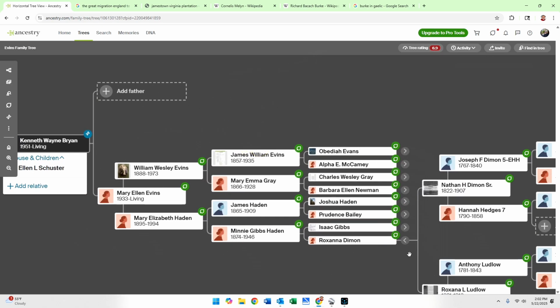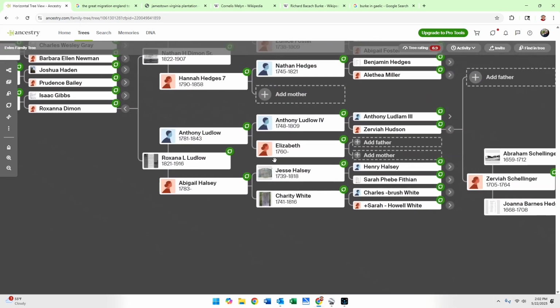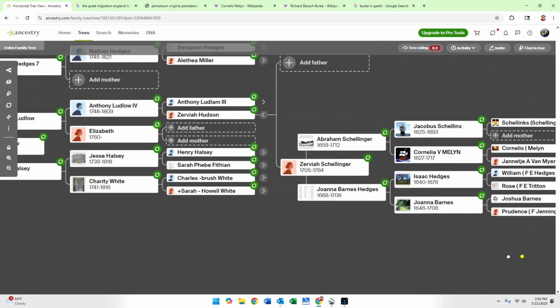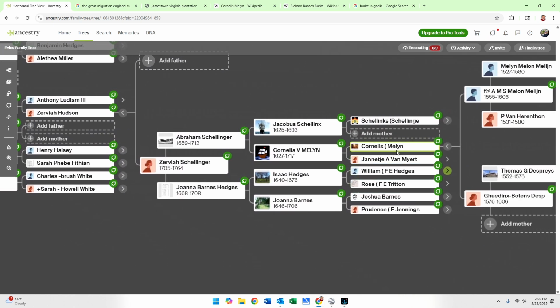Let's go back to the tree and say, how did Cornelius Mellon make it down to us? So here is Cornelius Mellon. He came over, he made up all sorts of trips. One of his crossings, they had a storm and they lost the ship, and he was barely saved in the process. Another one, they had a conflict in the New World, and all of his possessions he lost and then regained them.